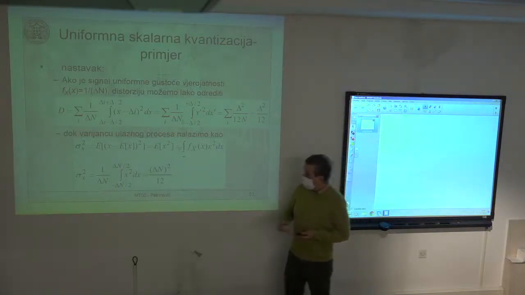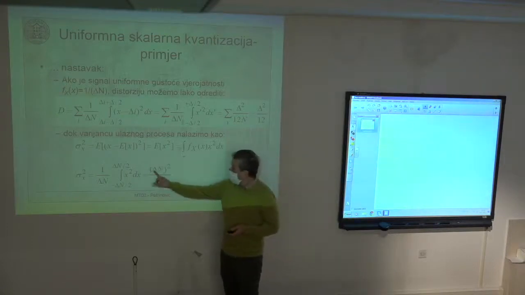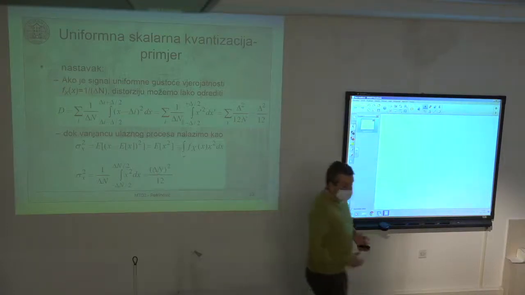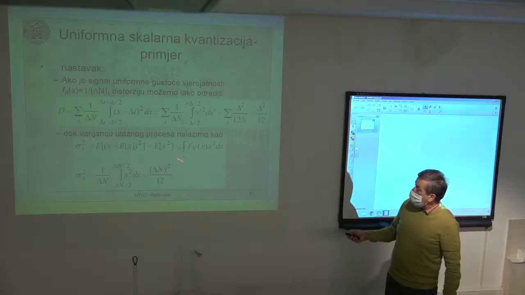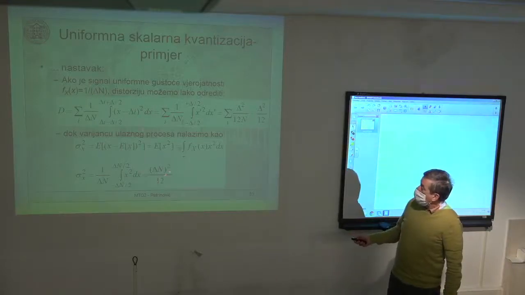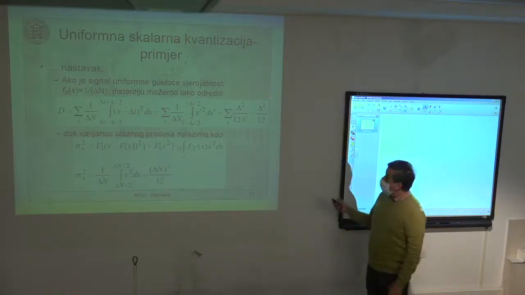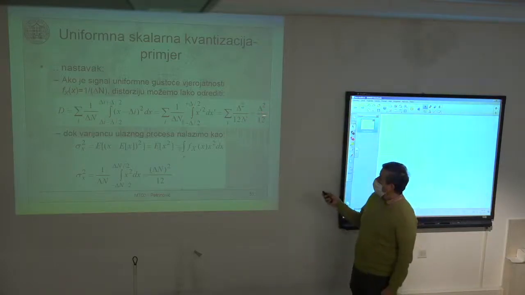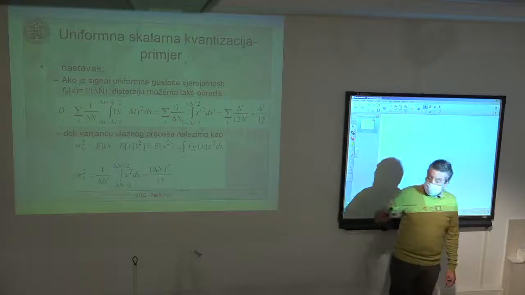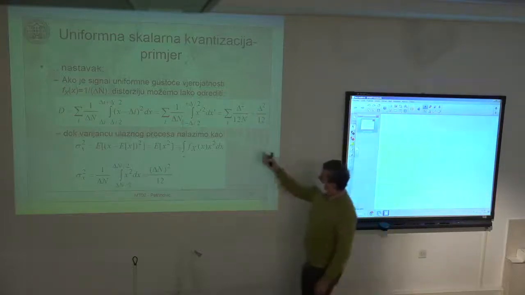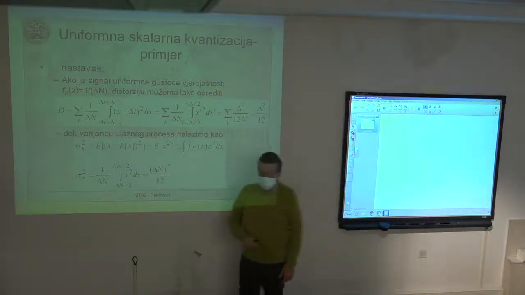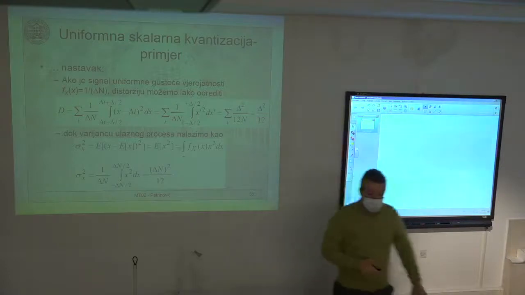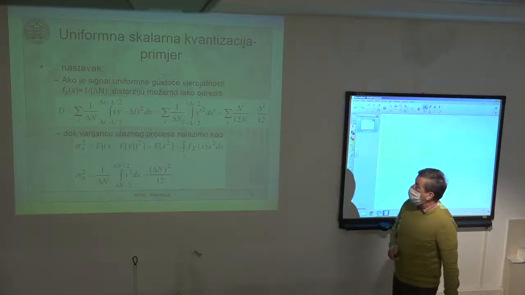In this case, the variance of the signal is simply the step size multiplied by the number of steps, squared, divided by 12. At the same time, the distortion is the quantization step size squared divided by 12. And this ratio is then determined simply by the squared value of N, the number of quantization levels.